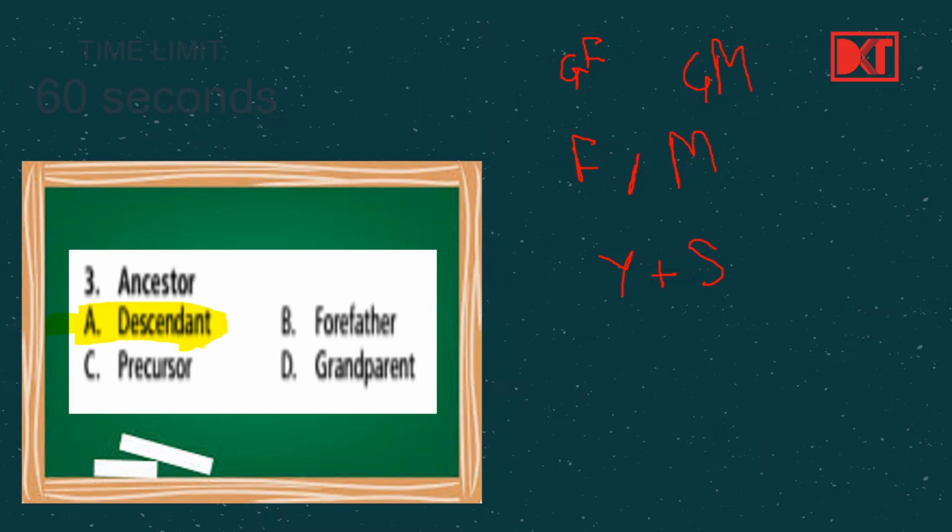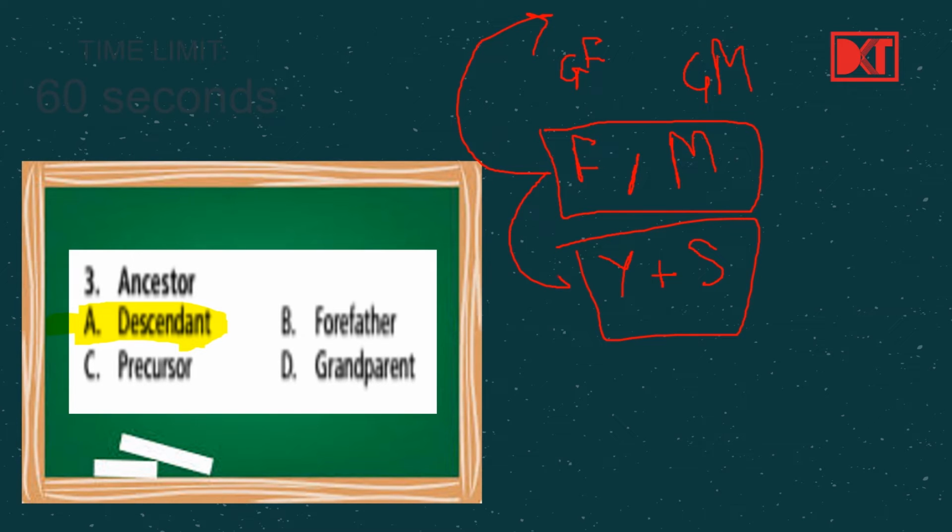Alright, so now from the point of view of your father and mother, your grandfather and grandmother are the ancestors, and you and your sibling are their descendants, which means your next generation.